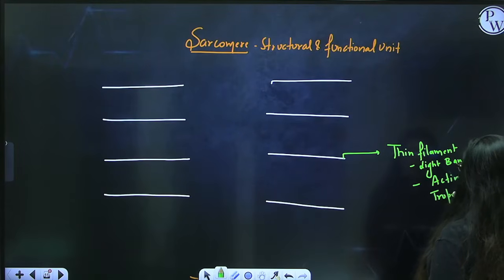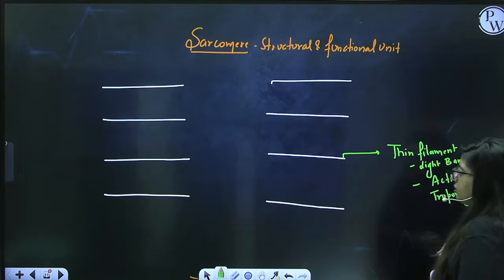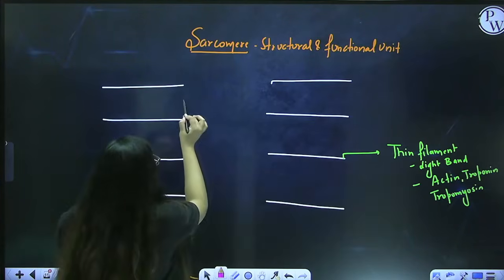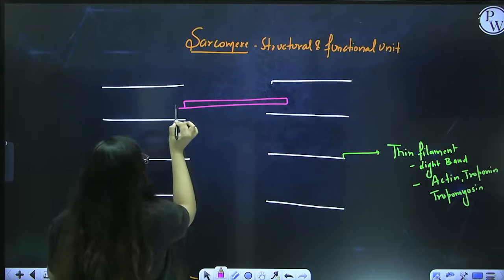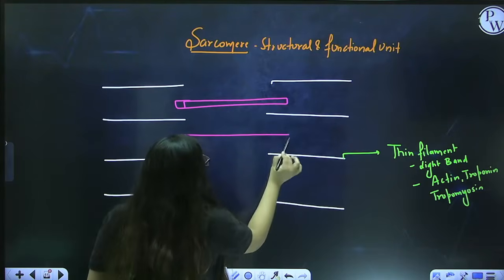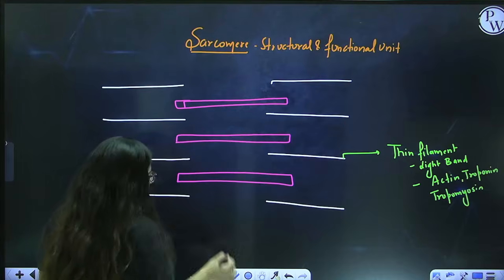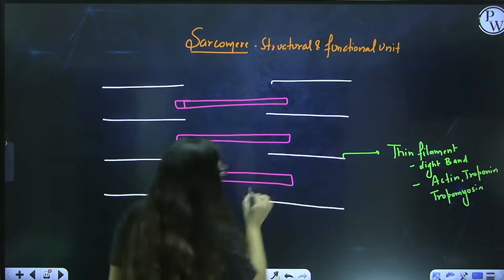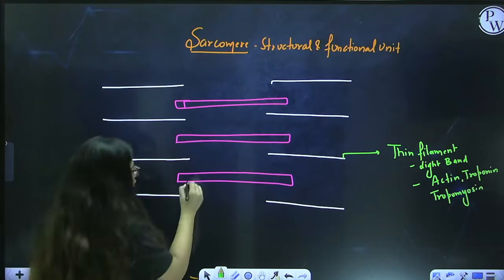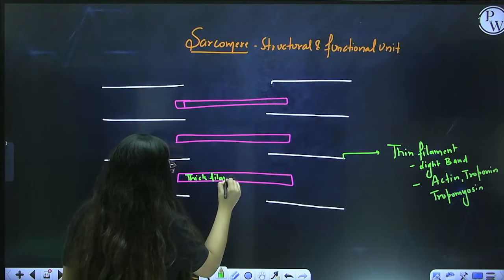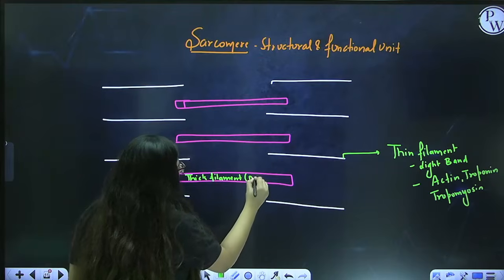We'll also study the structure of these proteins. Now inside is a dark band, and this dark band is made up of thick filament. And thick filament is made up of your myosin.